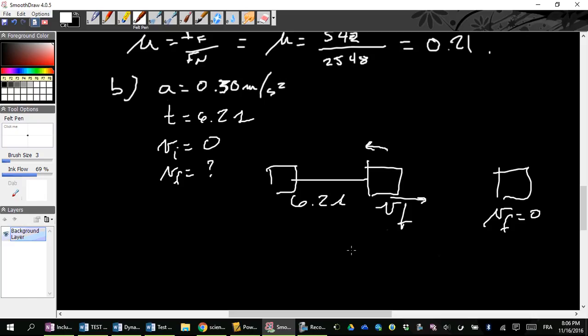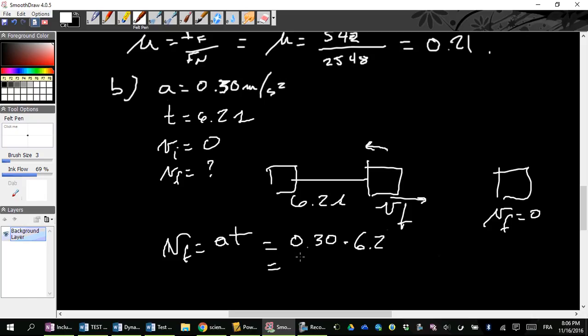So this is a bunch of kinematics here. Okay, I'm looking for this. So I go on page 37. I don't have the distance. So equation 2, VF, I know my A, I know my time. Okay, so I'll use equation 2. Okay, so the final equals AT. So this is 0.3 times 6.2.